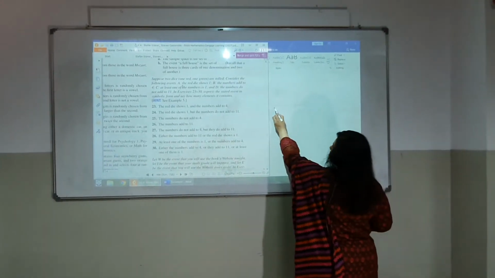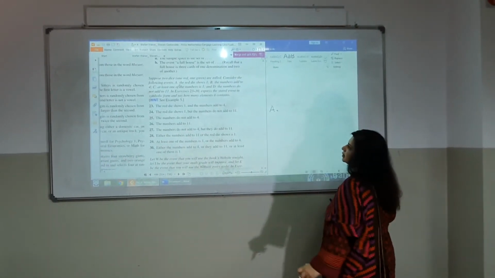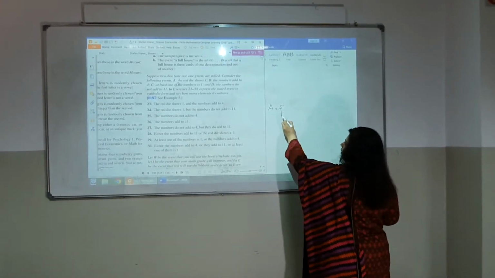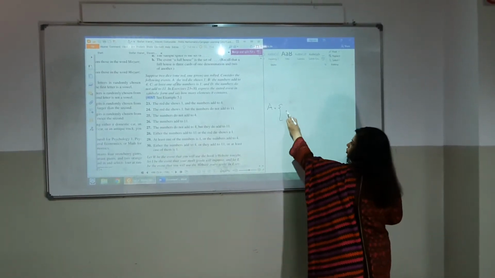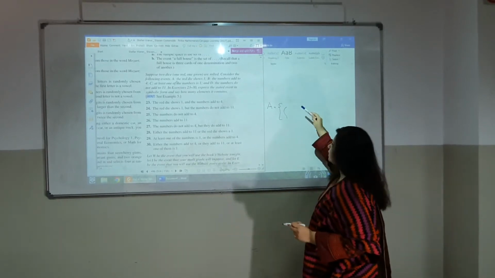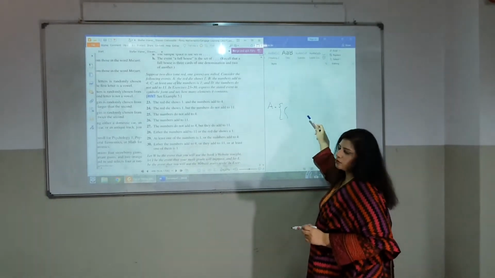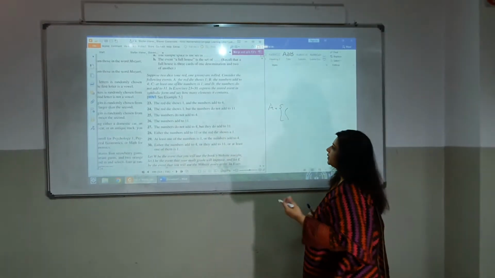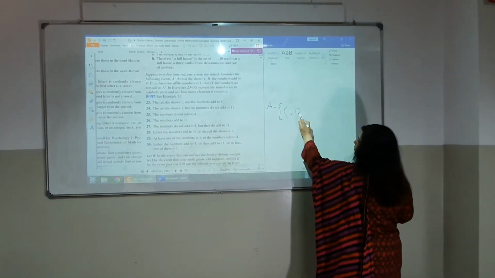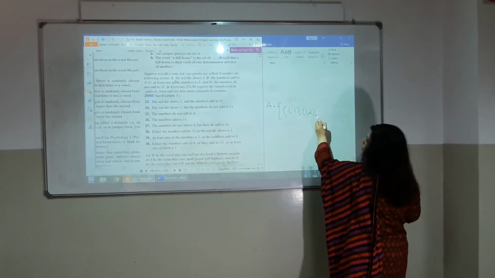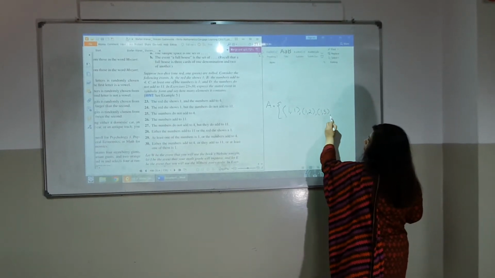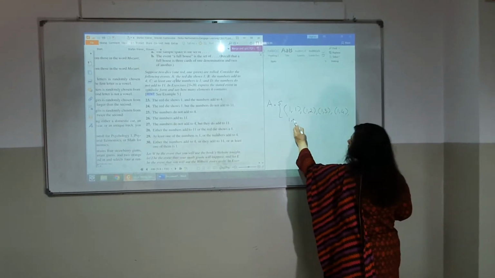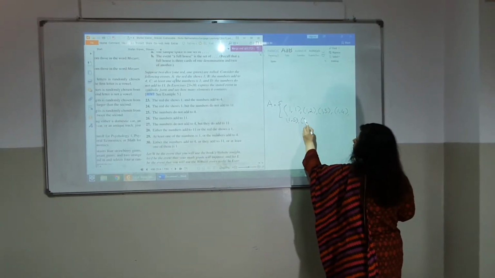So first let us just consider that A in this case is a red die that shows 1. So I'm going to be drawing the sample space for this. So now if the die is 1, so either you keep the die as the left side or the right hand side, right? So if it is the left or the right, in that case it's going to be 1,1, 1,2, 1,3, 1,4, 1,5, and 1,6.